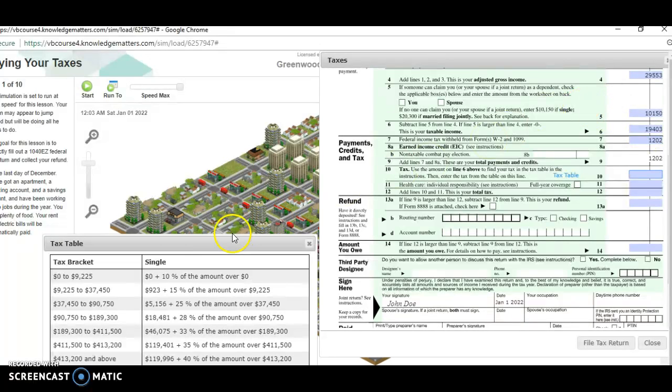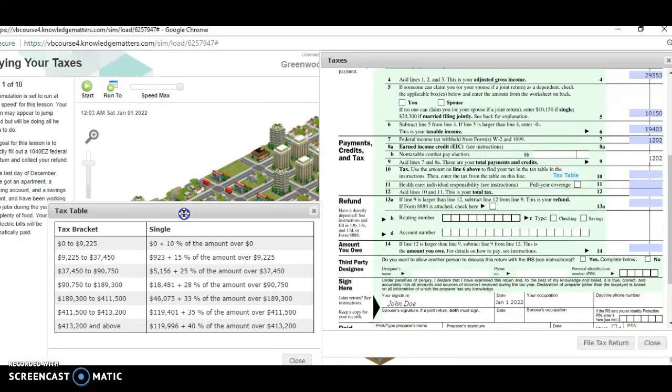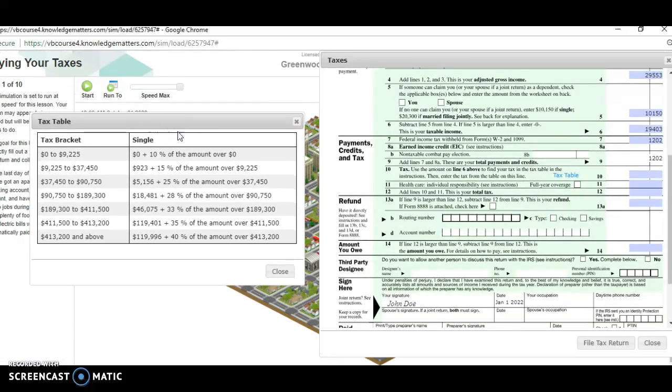All right, and then number 10, remember we are going to look at our tax table. So we are going to start with line 6 to find your tax table in the instructions. So line 6 was 19,403. So notice, unlike our first example, it does not fall in the first tax bracket, it falls in the second tax bracket.